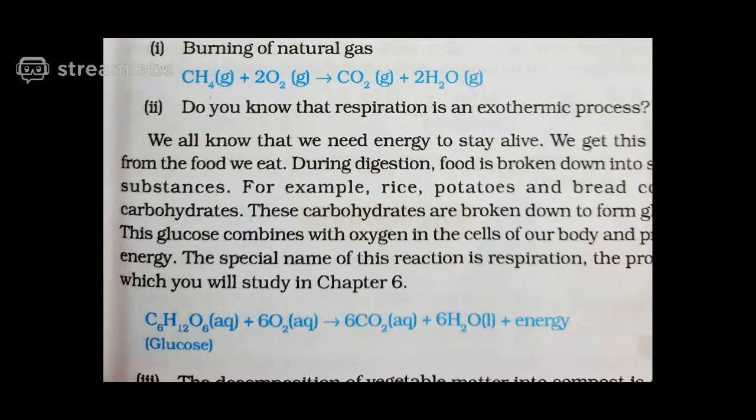What is an exothermic reaction? Any chemical reaction where heat is evolved is known as an exothermic reaction. Respiration and combustion are examples of exothermic reactions. These are very good examples.